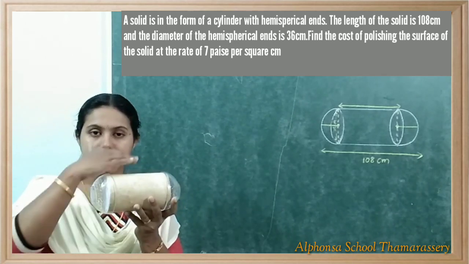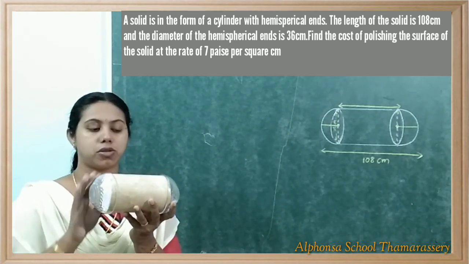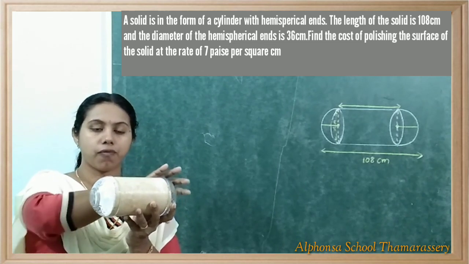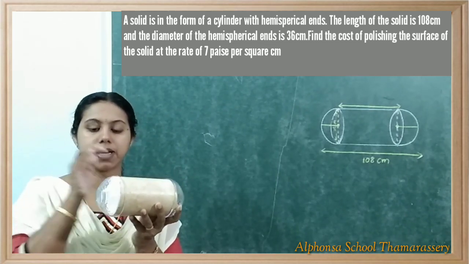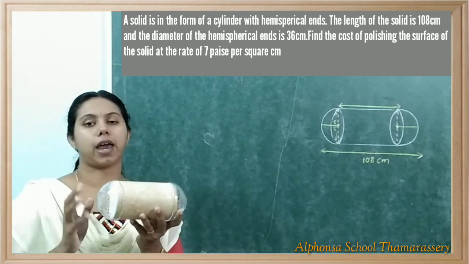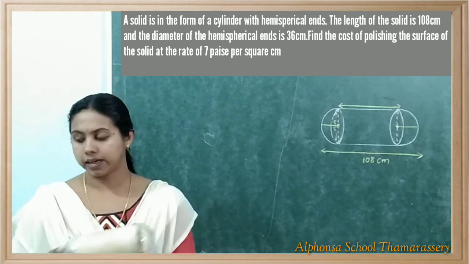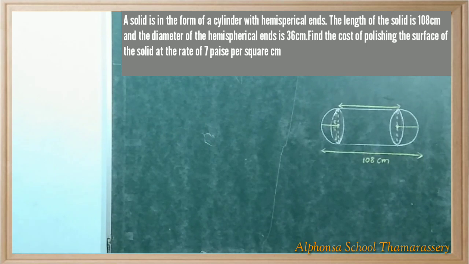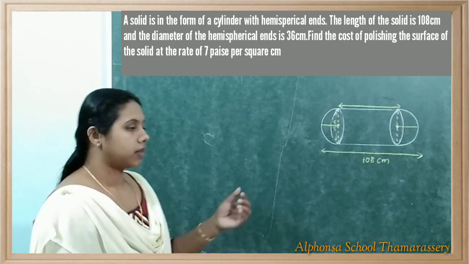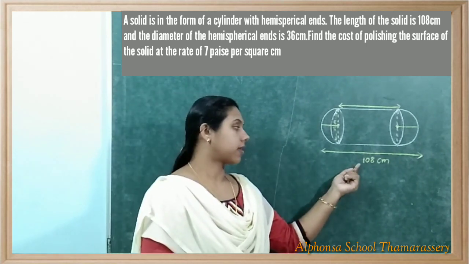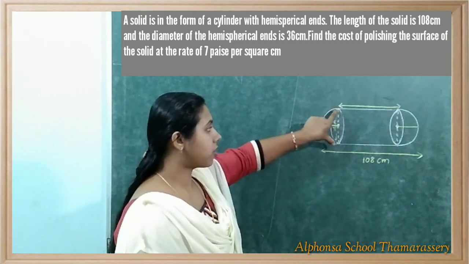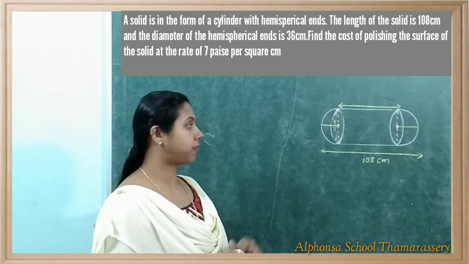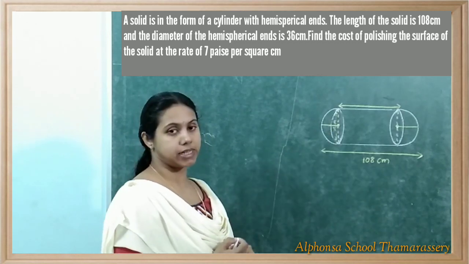The total surface area of this solid is equal to the curved surface area of hemisphere plus the curved surface area of cylinder plus the curved surface area of hemisphere. The total length of the solid is given as 108 centimeter, and the diameter of the hemisphere is given as 36 centimeter.